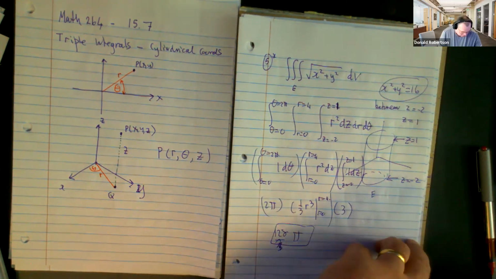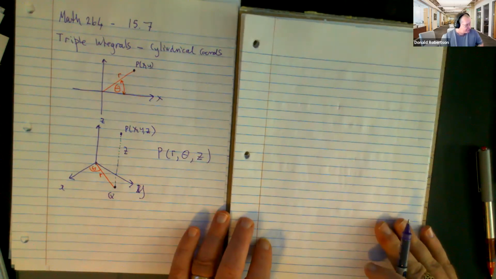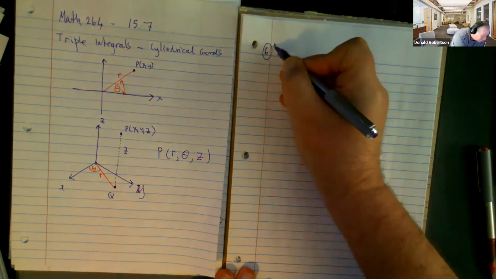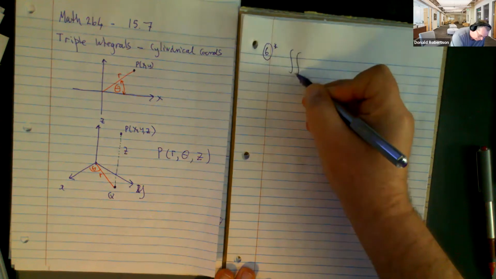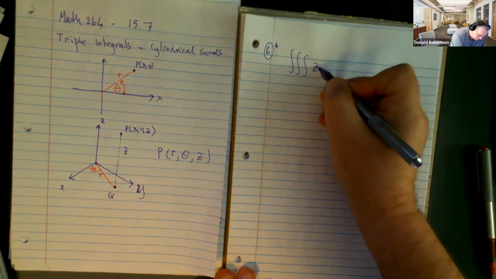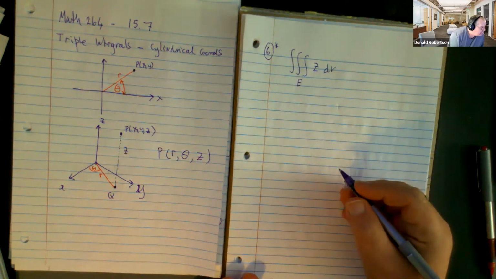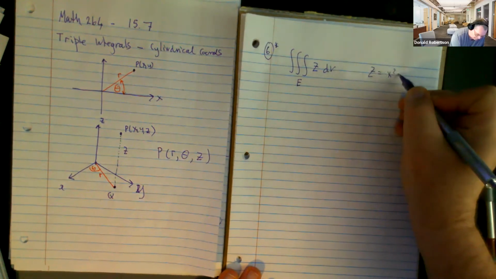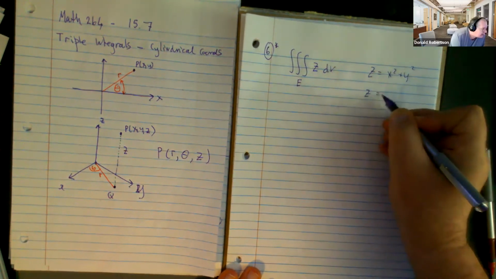Okay, for the next one, I'm only going to set up the limits of integration because once that's done, I think the question becomes pretty straightforward. So in this one, we're being asked to find the triple integral of z. And the region E is described as a parabola and a plane.